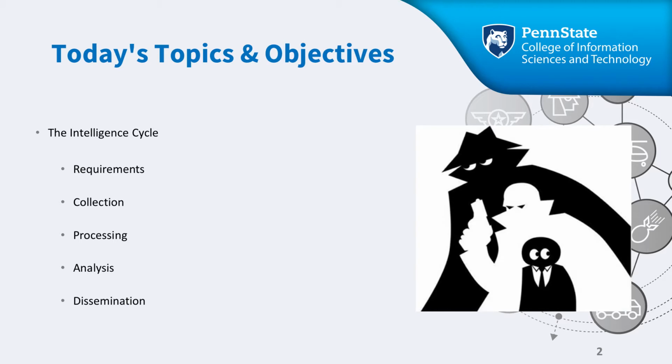Dissemination basically means getting it out to the people who need to see it and use it. In the next session, we'll then focus more closely on the relationship between these aspects of intelligence and counterterrorism.